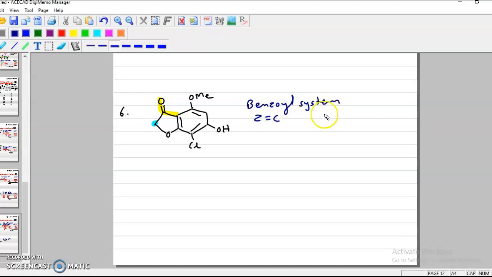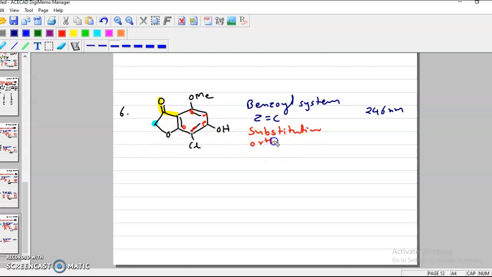Z is equal to carbon, so it is ketone, and for that we will add 246 nanometer as base value. Okay, next is substitution. As this is first carbon, so it will be ortho, then meta, and then para.